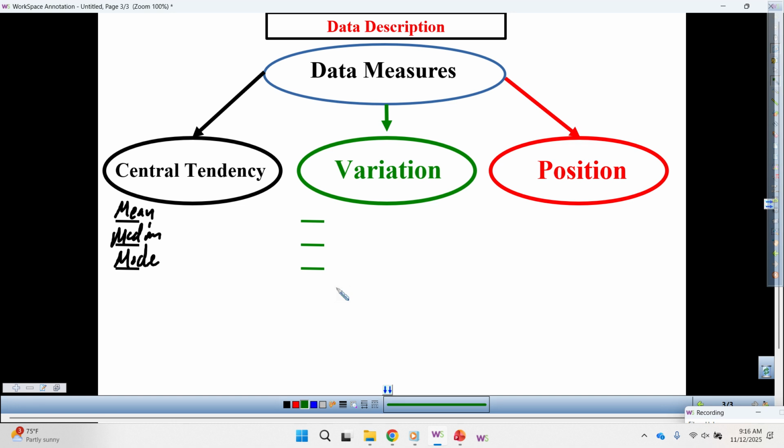Standard deviation, range, variance. That is correct. All right.